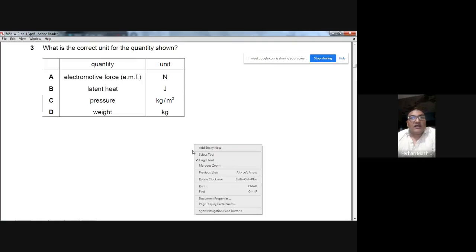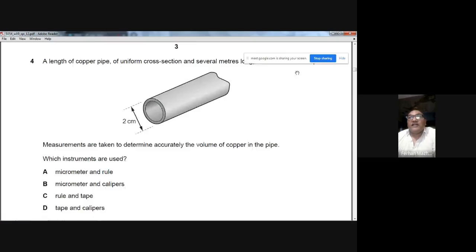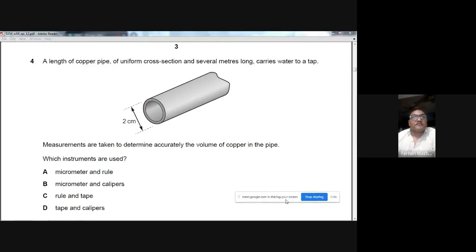Let's move to the next question. Question number 4. He says, a length of copper pipe of uniform cross section and several meters long carries water to a tap. Measurements are taken to determine accurately the volume of the copper in the pipe. Which instruments are used for finding the volume of this pipe?